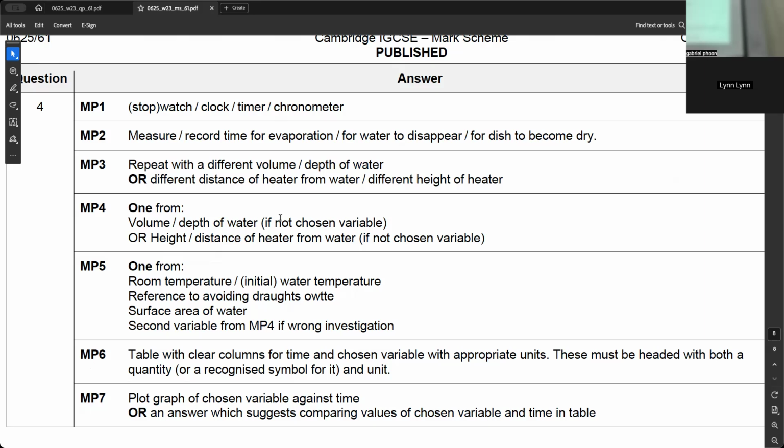Repeat this experiment with the heater at intervals of whatever, away from the dish. We have to keep the volume of the water constant, and that the room has no external factors affecting the water.